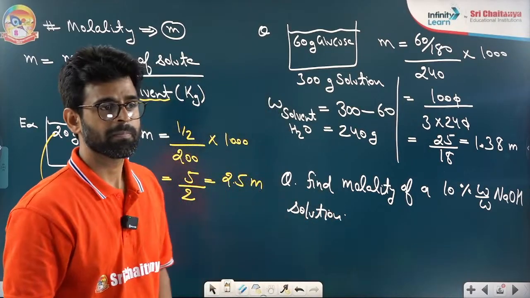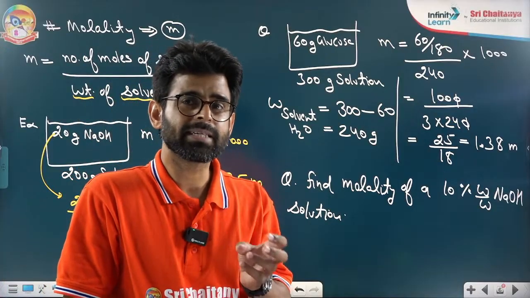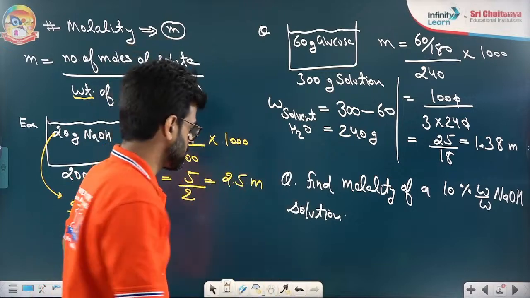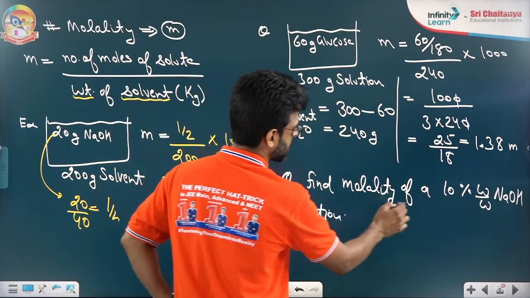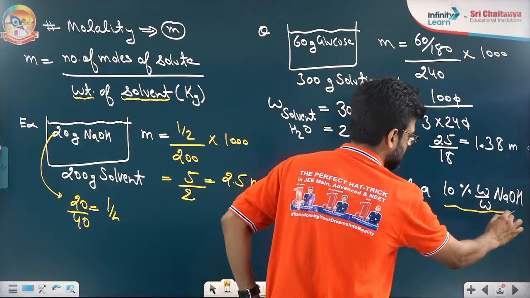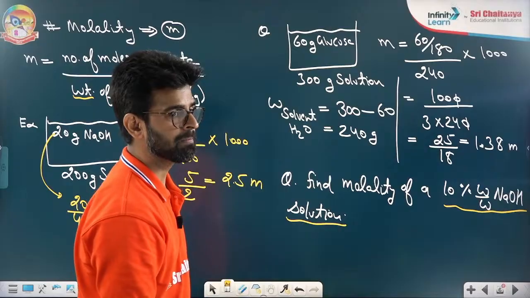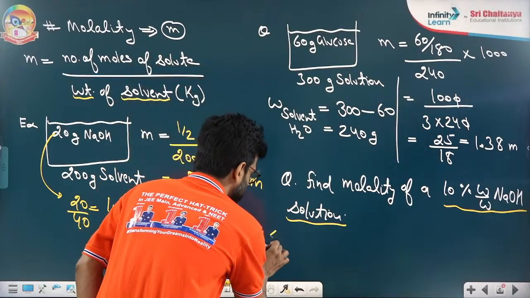This is the question. As I said, this weight by weight term will be used in many other terms. So again, you have to understand what this line is saying. Use this line properly and try to find the answer. What is this line saying?